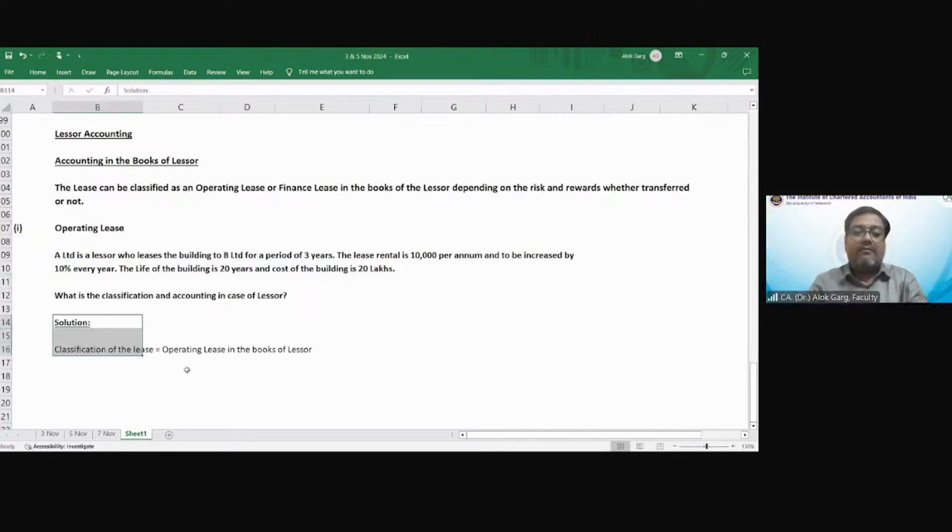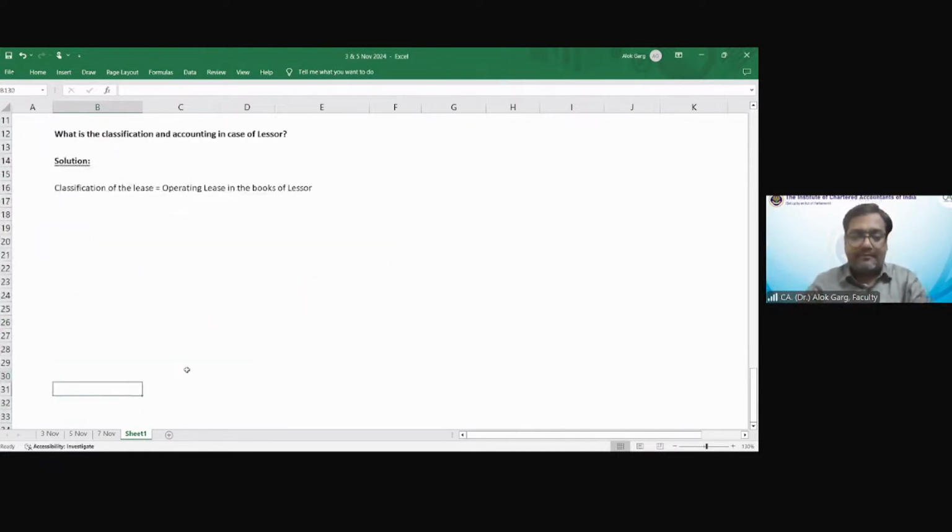So what accounting is the lessor doing? The lessor has purchased this building. What is the accounting entry when the lessor purchased this building? Building investment property account debit to bank account. Why is it an investment property?